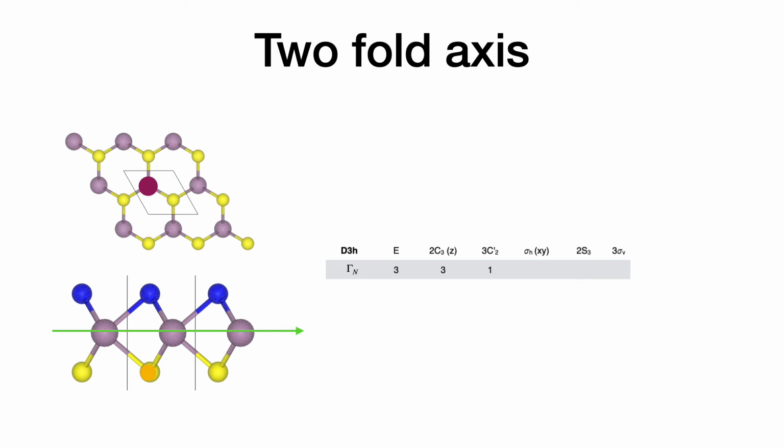Now, the sulfur atom, upon the rotation C2, is going to be moved to a blue atom. Therefore, the two atoms are not equivalent, and it's of course true for the atom that was initially blue. And in that case, we have only one atom that's invariant. It's the molybdenum atom. That's why we put a 1 in the character table there.